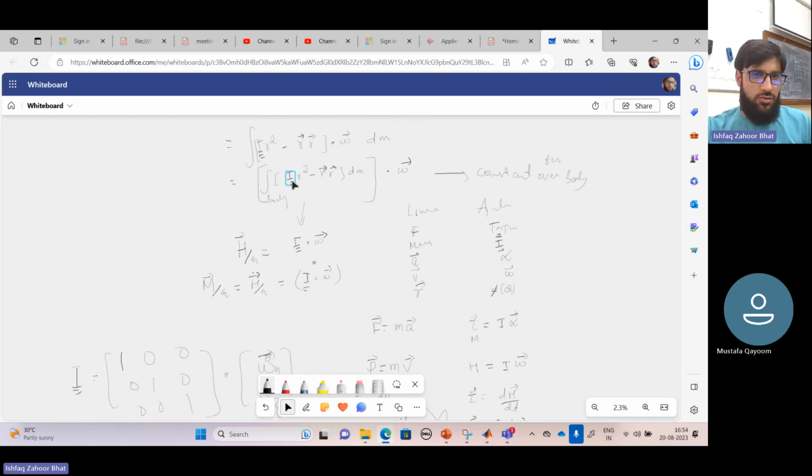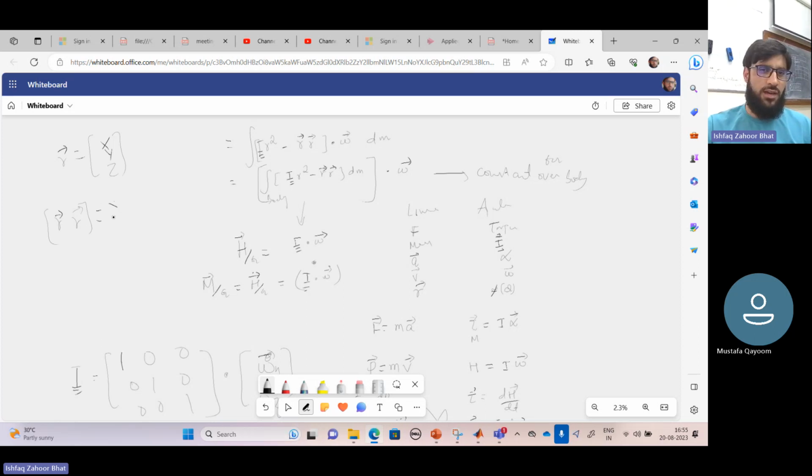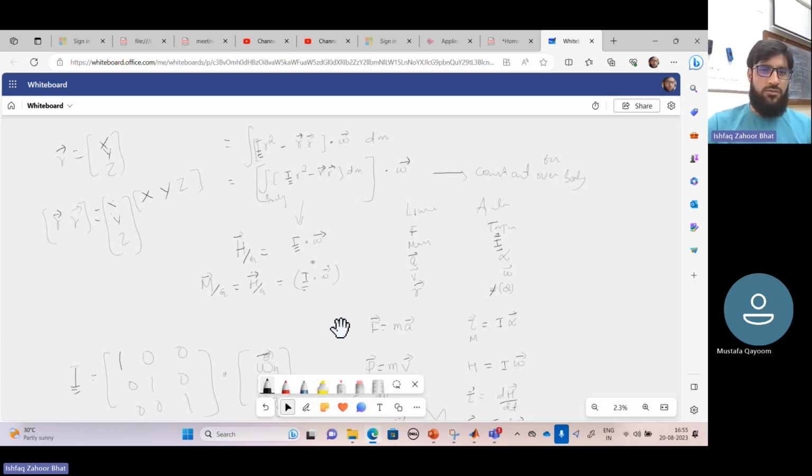So this I tensor, the identity tensor, has values 1, 0, 0, 0, 1, 0, 0, 0, 1. Similarly, take R outer product R in matrix form or in MATLAB, where R is some X, Y, and Z. This is an outer product, so you can evaluate it.